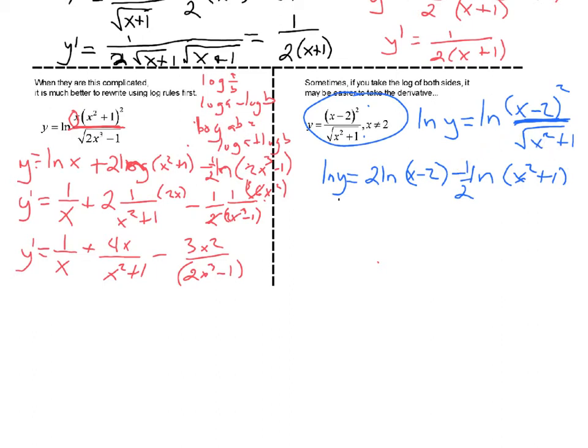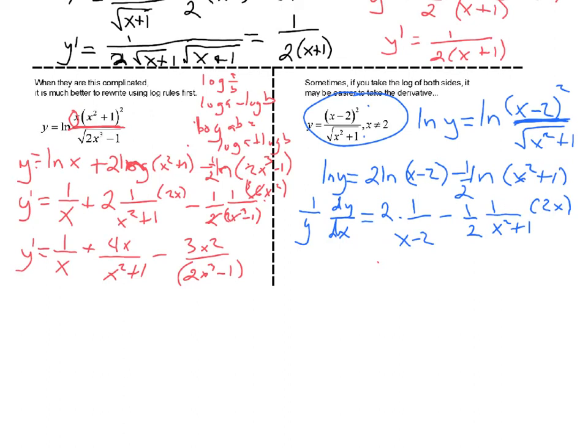Now if I take the derivative with natural logs, it's really easy. Derivative of natural log of y is 1 over y, but don't forget, take the derivative inside. Derivative of y is dy dx times 2. 1 over x minus 2, derivative inside is 1, so I'm not going to write it down, minus 1 over 2, and then the derivative of natural log is 1 over x squared plus 1, derivative inside is 2x.